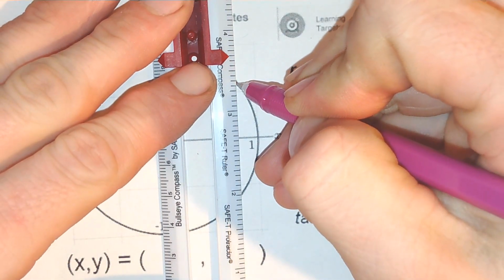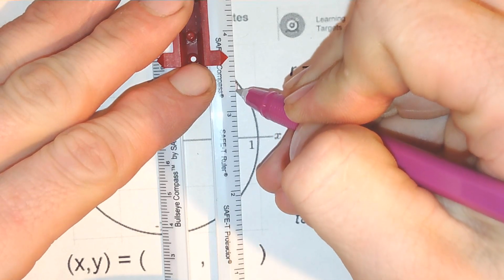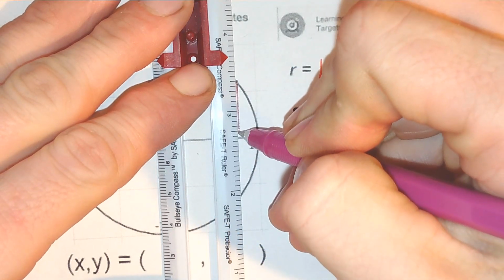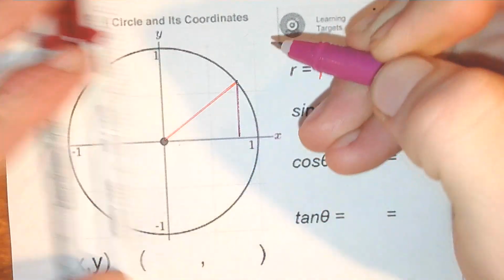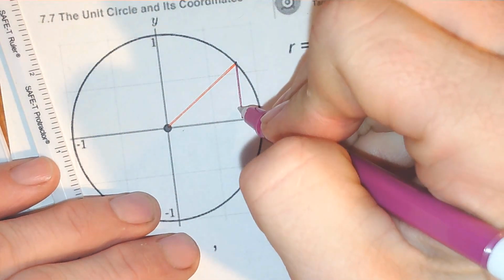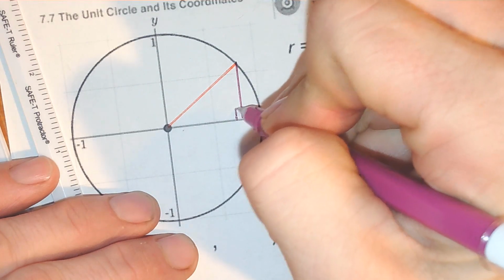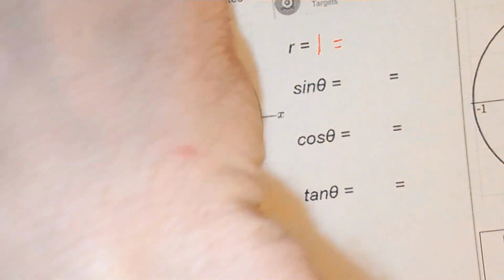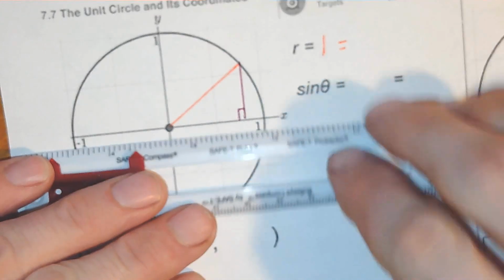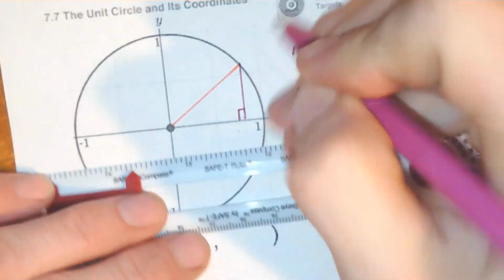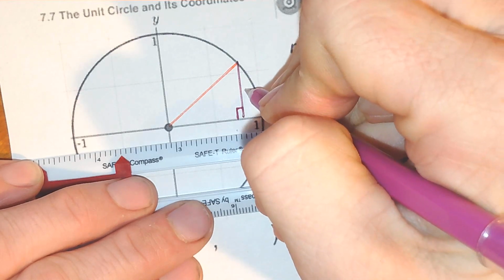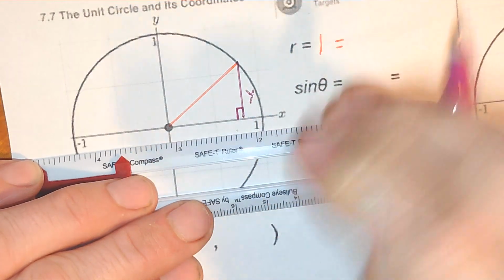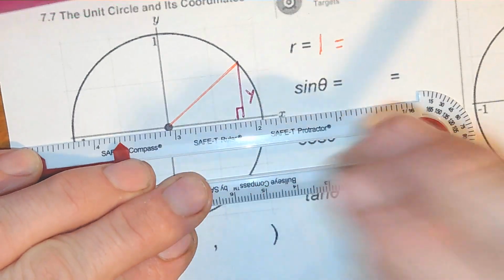If I were to drop a horizontal down and make this into a right triangle, I could say that this leg here would be my y coordinate, my up and downs, and I'll make my green coordinate my x coordinate.